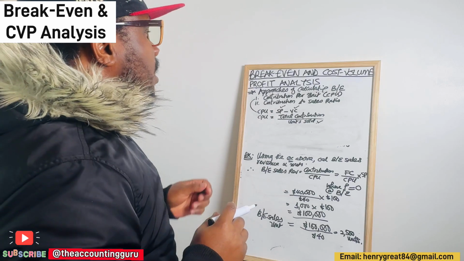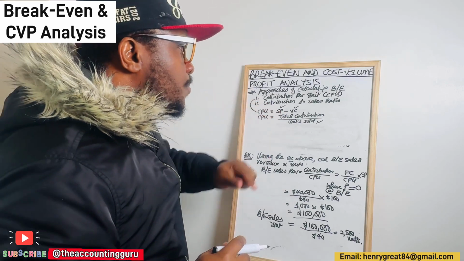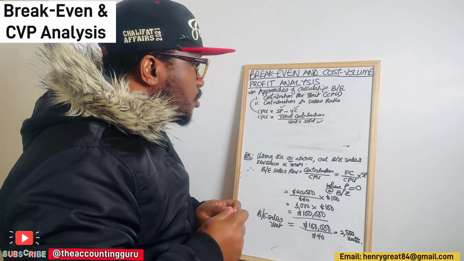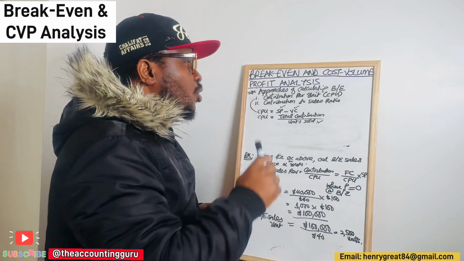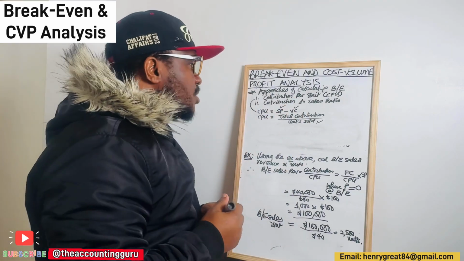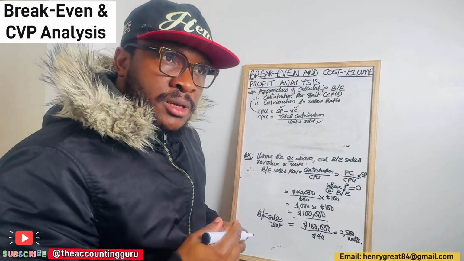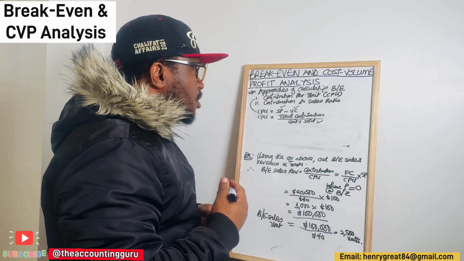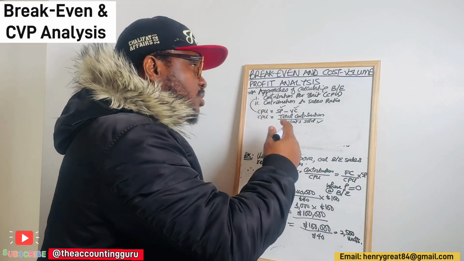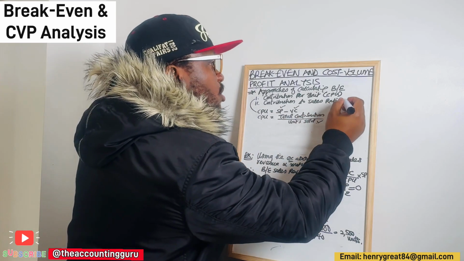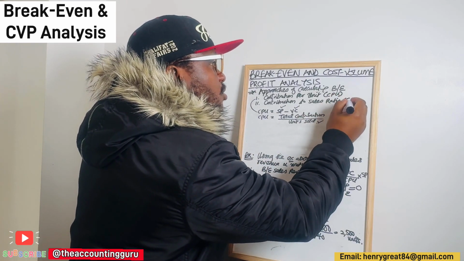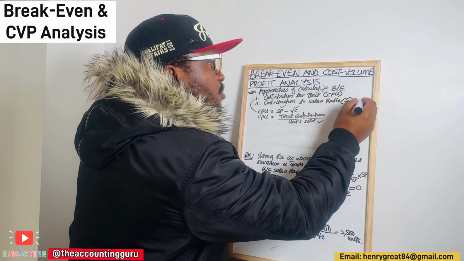Now, when are you going to use contribution to sales ratio? Please look up. Please note, before now, I did tell us that contribution to sales ratio also means CMR.